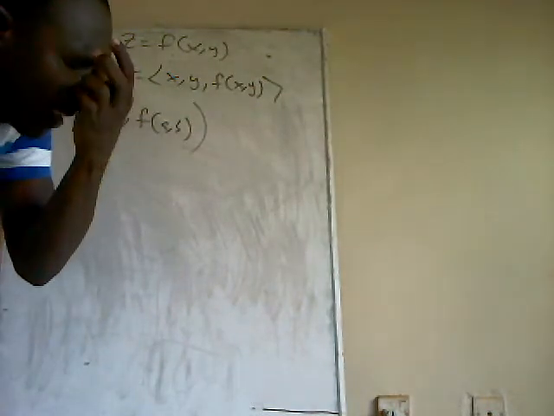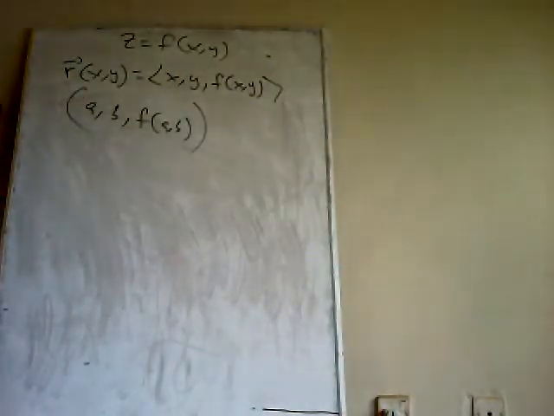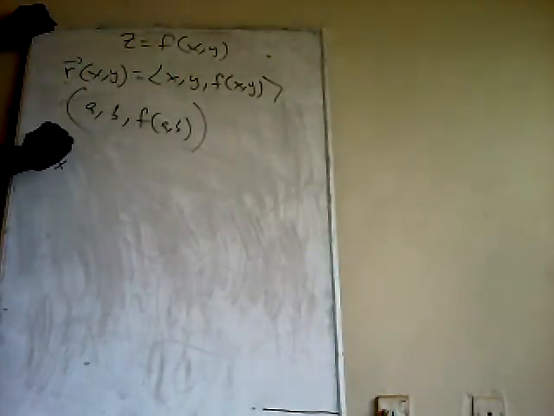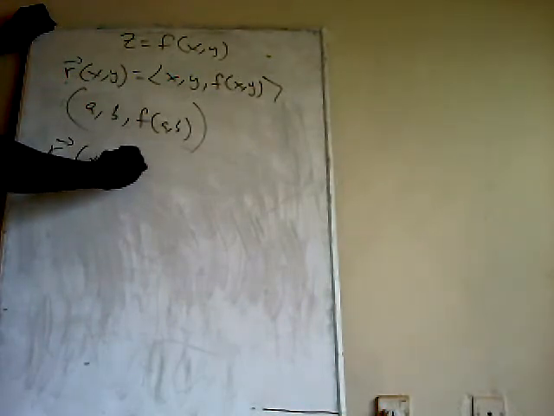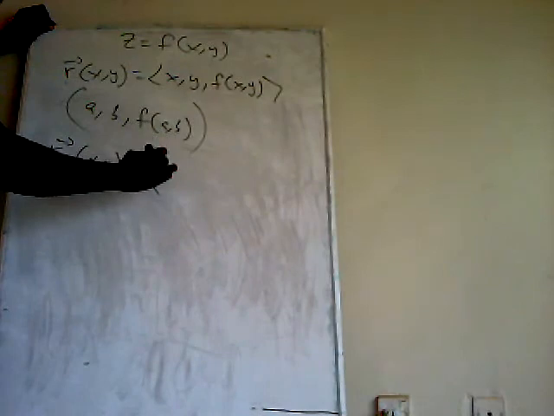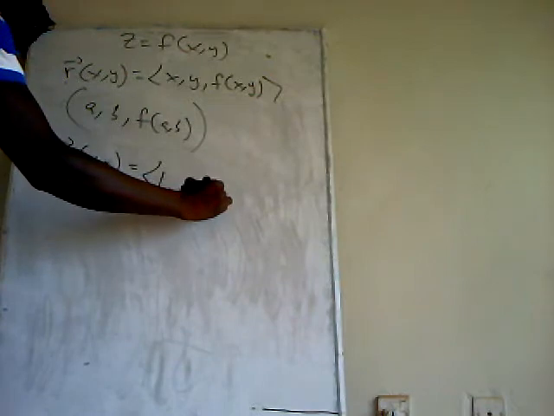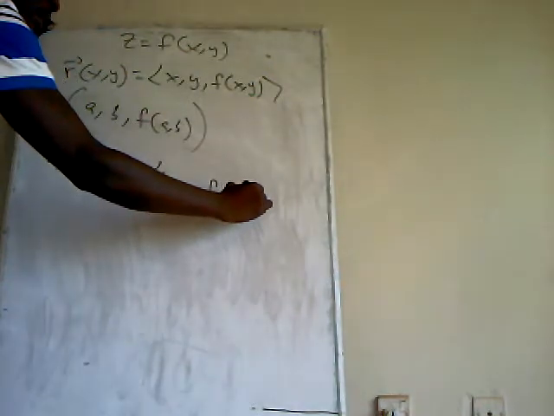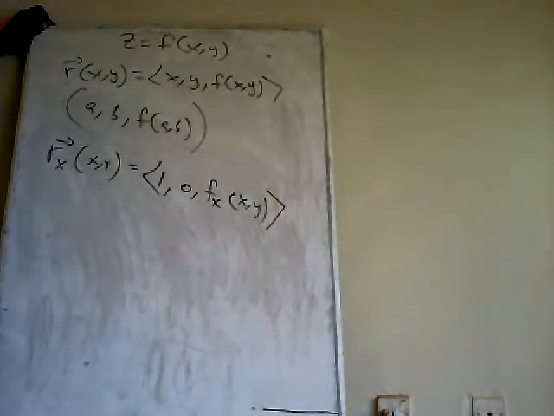Now the tangent vector for the trace with fixed y, since y is fixed, is rx. If I differentiate this with respect to x, this is going to give me 1, then 0 since there is no x, and this will give me f of x at that point.